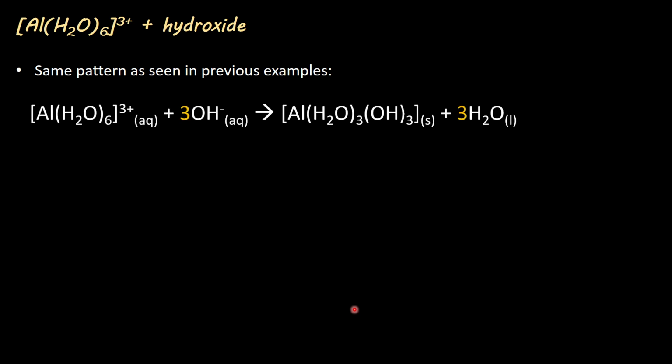There is a really formulaic sort of thing now. Once you get past the apparent complexity of all those brackets and square brackets and the rest of it, you can see what's going on here. Yet another aqua ligand complex turning into a hydroxy aqua ligand complex.